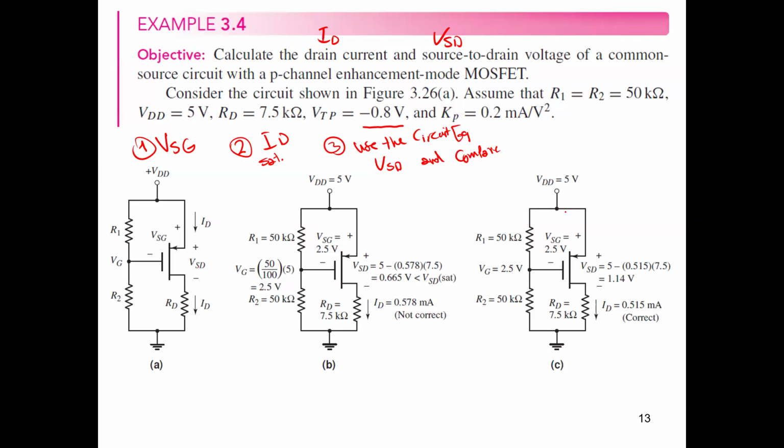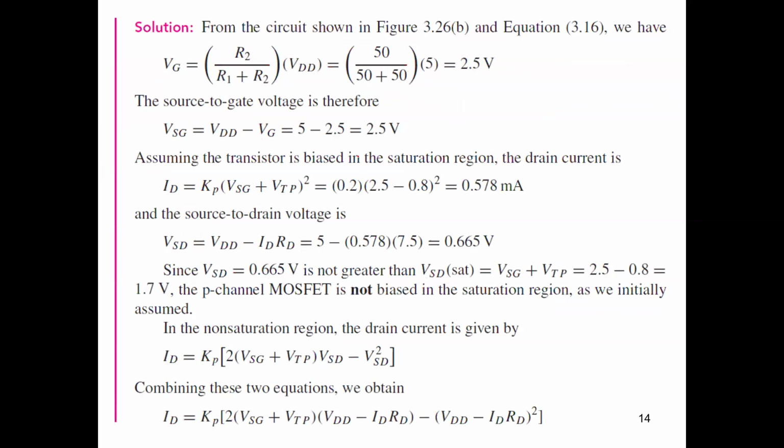Okay, let's start with the first step again now. So we need to get VSG. So how can we get VSG? So VSG is the volt across this resistance here, and we can get the volt across this resistance as we mentioned, guys. So VG equals R2 divide R1 plus R2, times VDD, which is 50 divide the resistance was here.